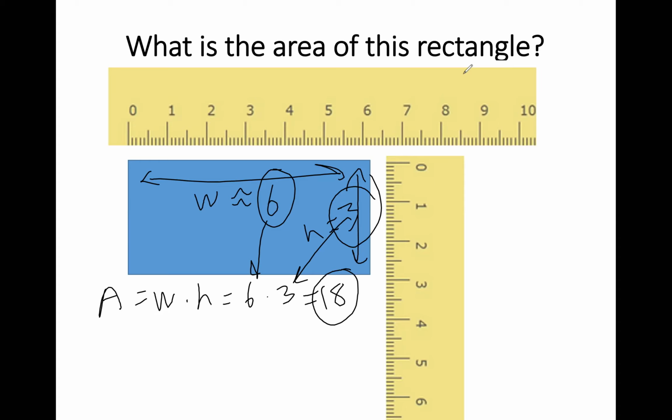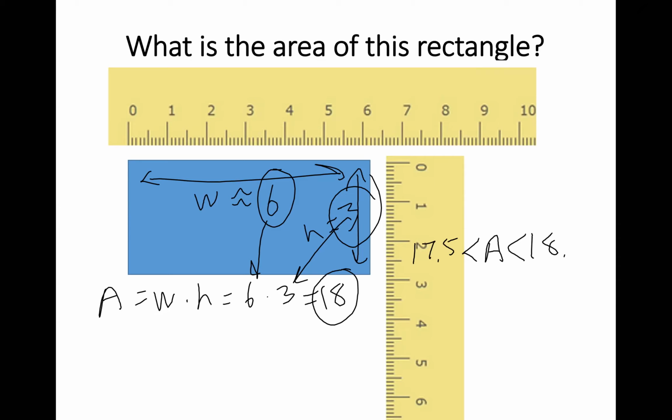And the reason it's wrong is because if you say the answer is 18, what that means is you are confident that the area is somewhere between 17.5 and 18.5. Hang on a sec.